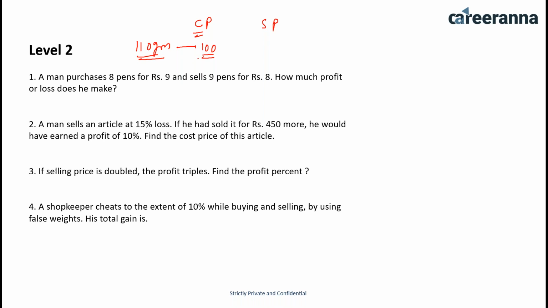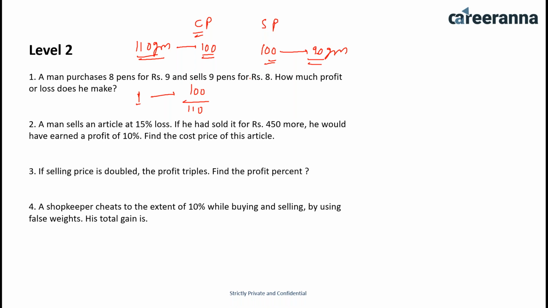So what is the cost price per gram? Isn't it 100 by 110? 110 gram in 100 rupees, 1 gram will be in this. Okay. Now coming to the selling price. So in 100 rupees, he cheats and he gives only 90 grams. 10% cheating here as well.